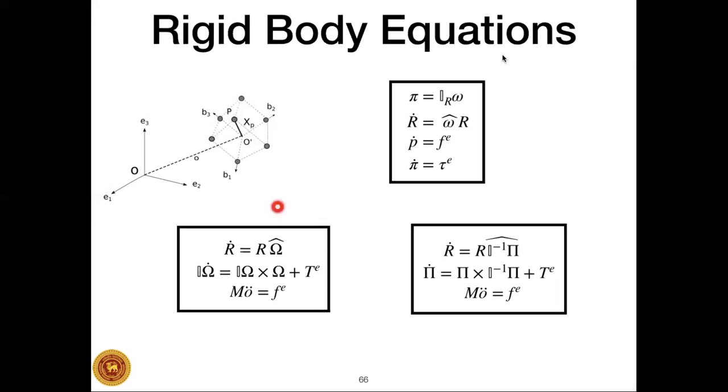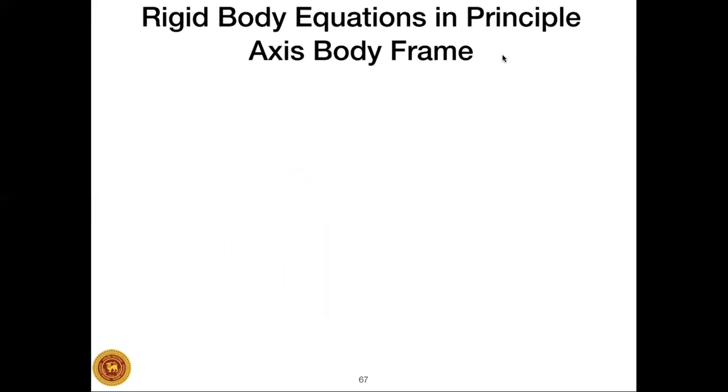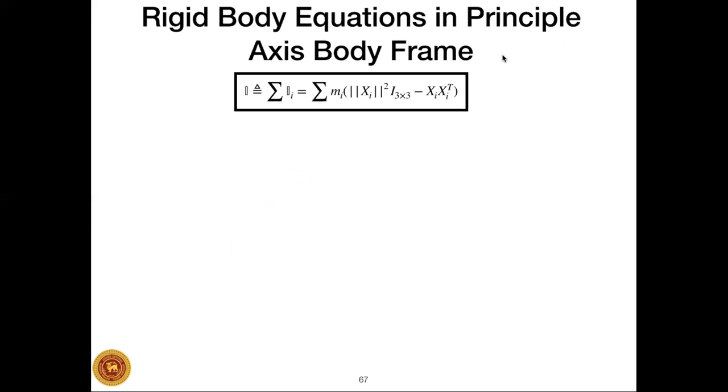This is in terms of body velocities and body momenta. In this one, this is body angular velocity. So if you look at this expression, this is the total moment of inertia of all the particles about the origin of the frame fixed to the body.